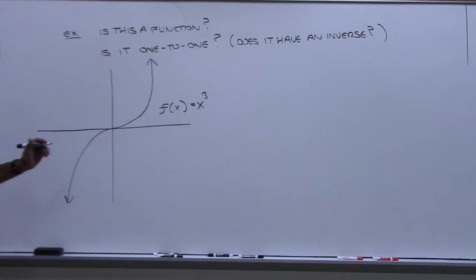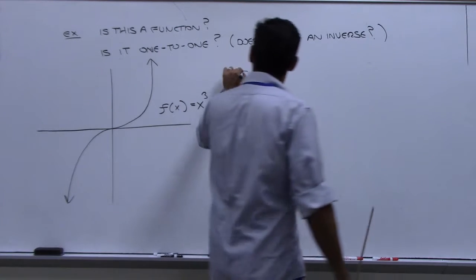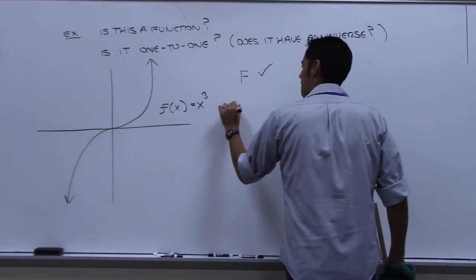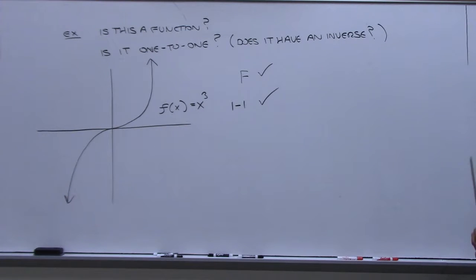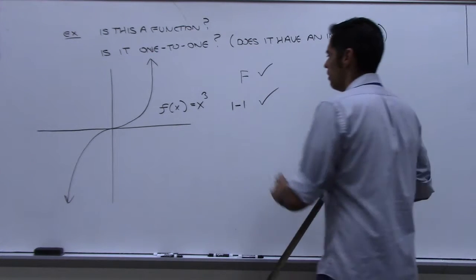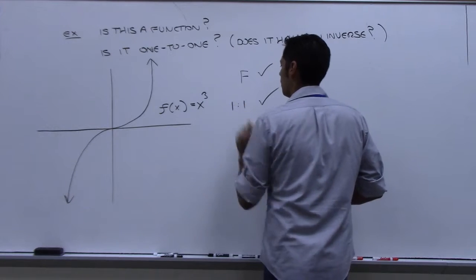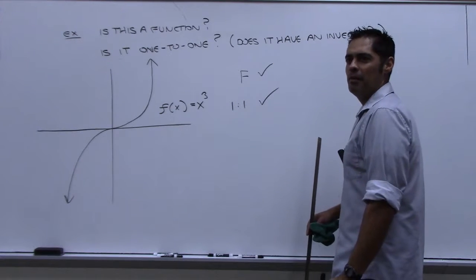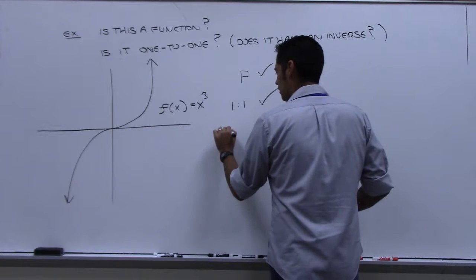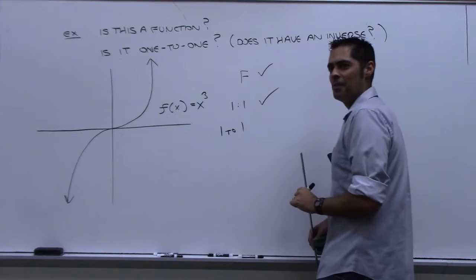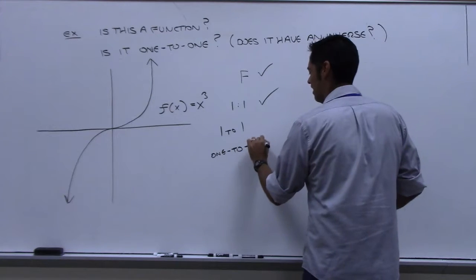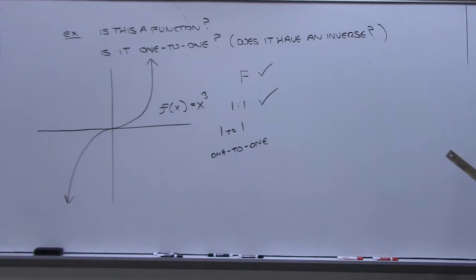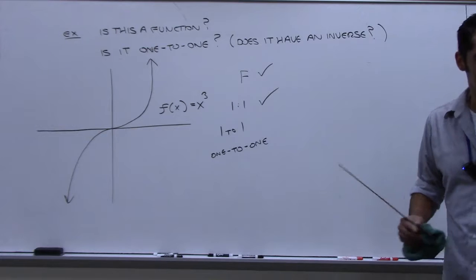So this would be a function and it would be one-to-one. Sure, if you want. If you prefer that, yeah. You can write this. As long as we're getting the idea across, right?